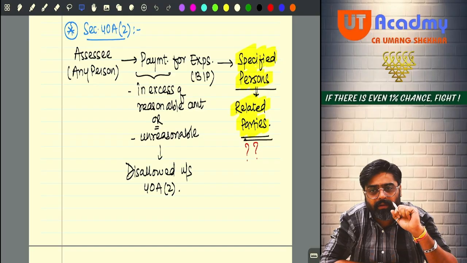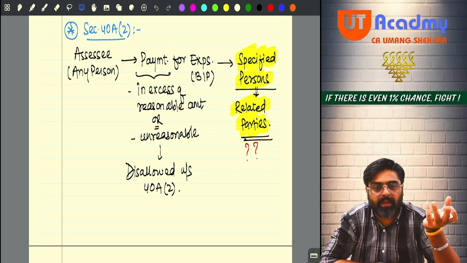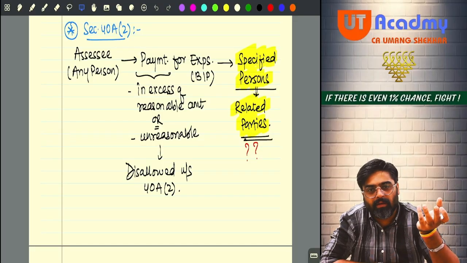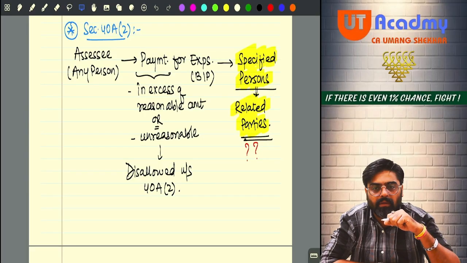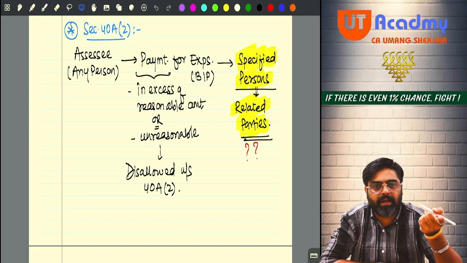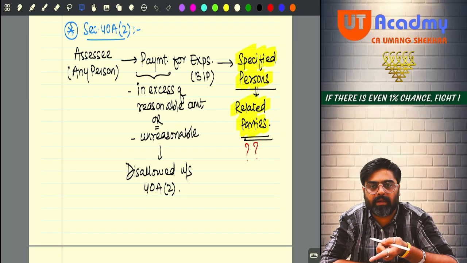What is bad in that? If I would have paid the salary to some other person, I would have got the deduction. So now I am paying salary to my brother, I should also get the deduction for this payment.